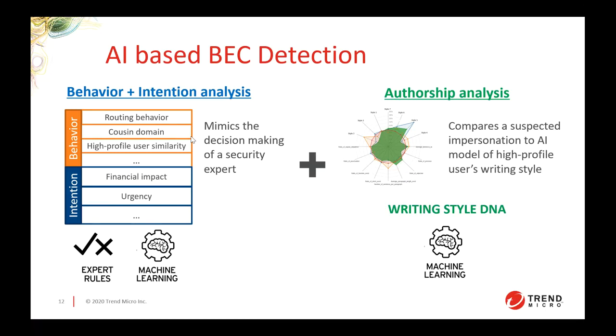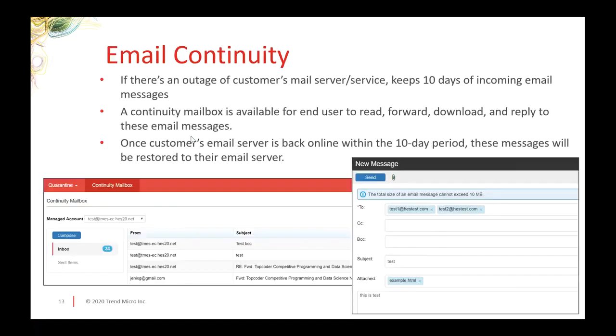And as I said earlier, Trend Micro is already preloaded with 7,000 characteristics. It will check all the characteristics with the patented technology and analyze everything to prevent business email compromise.